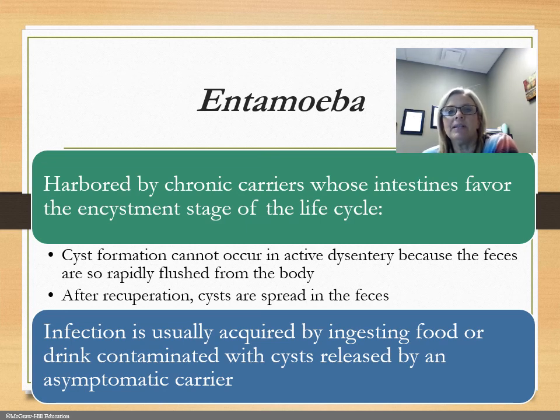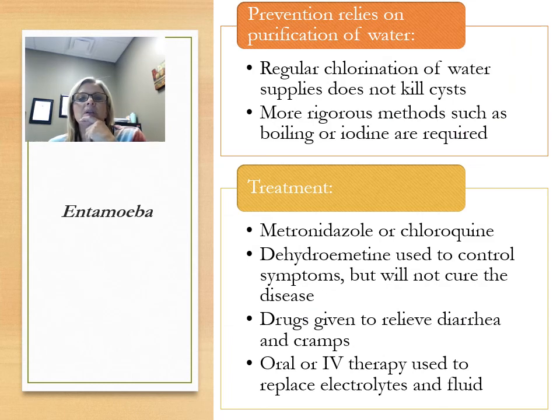Of course, you're going to see this more often in more tropical areas, in areas where food and water sanitation is substandard, that type of thing. So prevention, of course, is going to be rigorous treatment of water supplies.